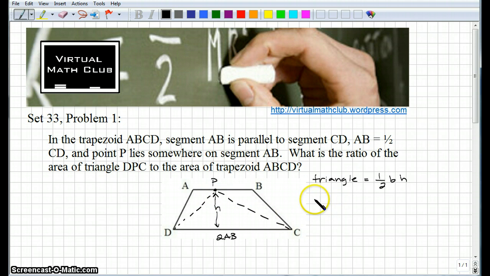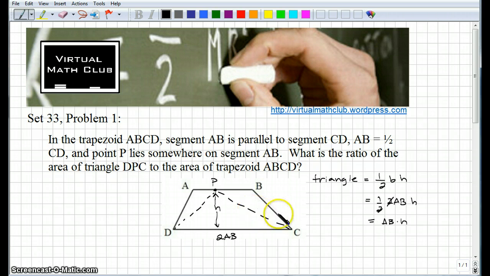So we could write the area of this triangle to be 1/2 times the base, which is 2AB, times the height. Alright, so we'll cancel the half. So we can write the area of the triangle as just the length of AB times h.